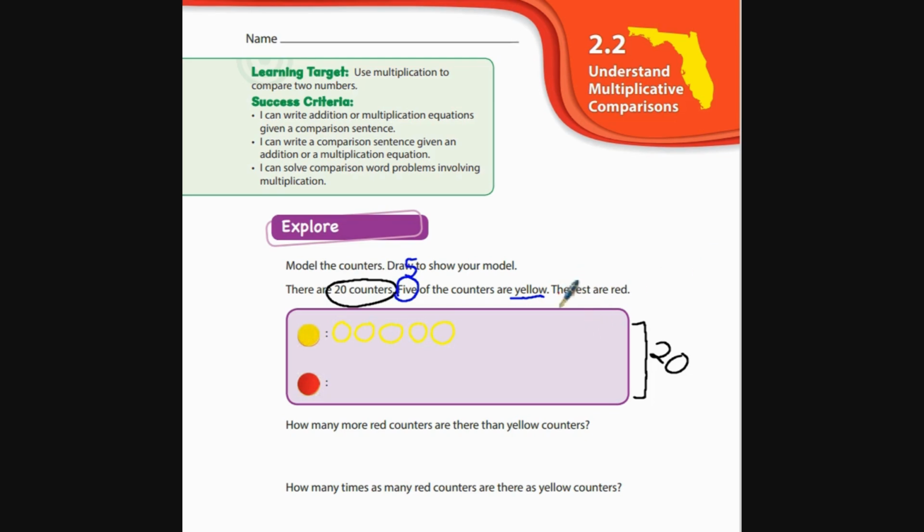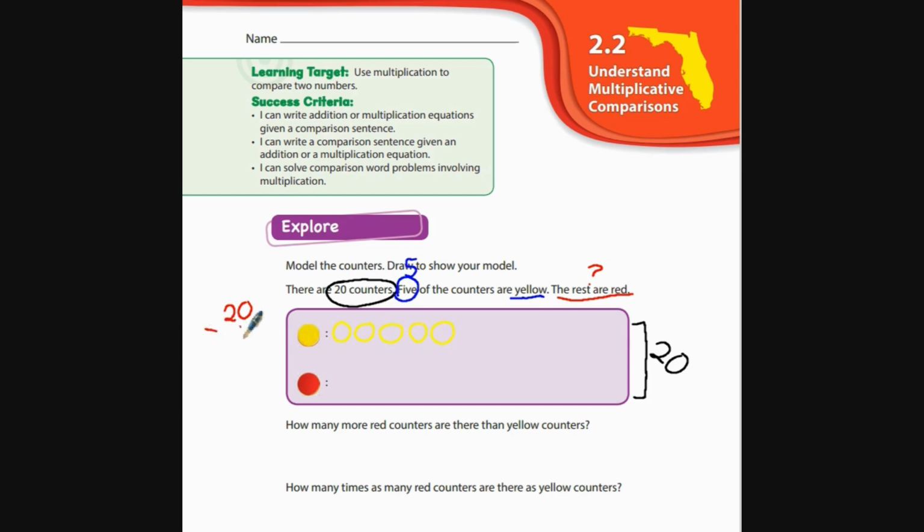Now, this part right here, the rest are red, is my I don't know. That's my question mark. So there's two ways to figure that out. Either you count from, since we had 5, you start counting with 6 all the way up to 20. Or you say, if I have 20 counters, that's my all, right here.